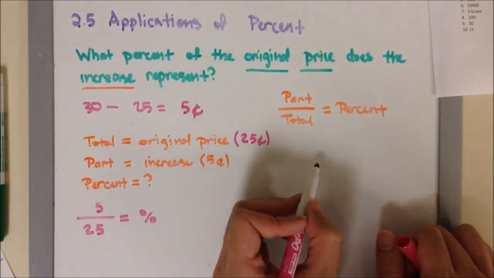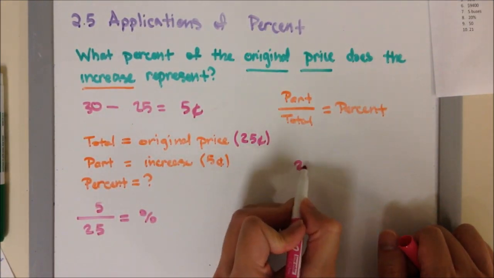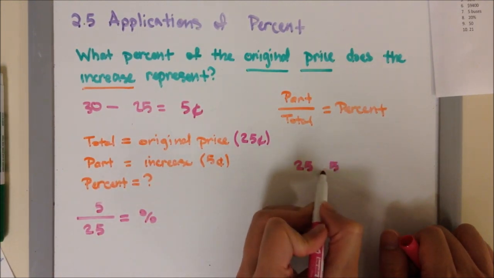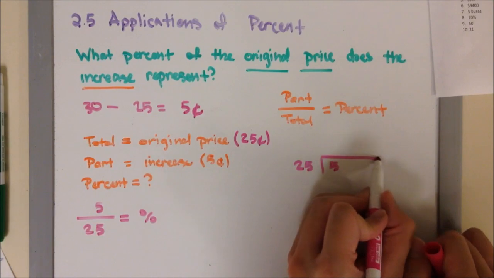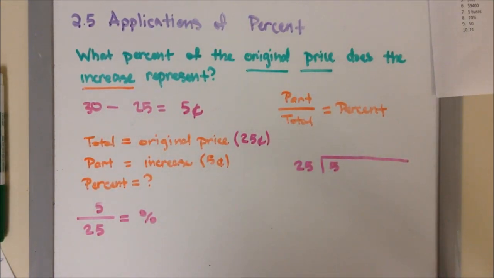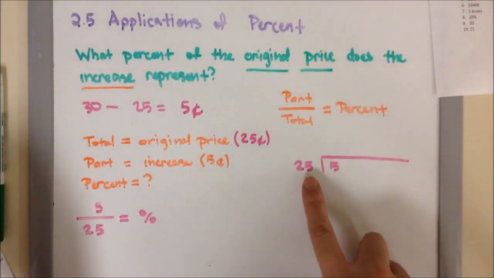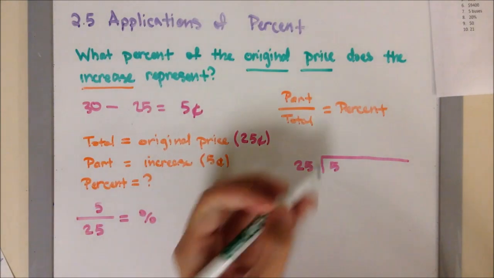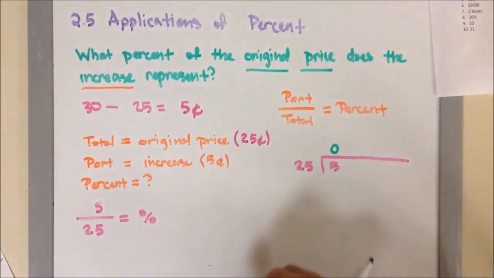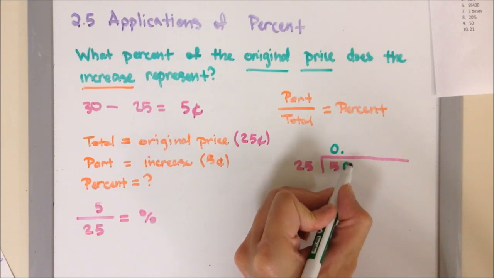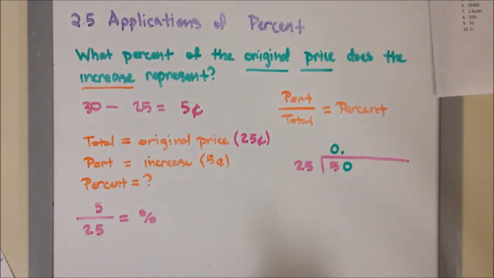So we're going to set up our long division: 25 on the outside, 5 on the inside. Now from there, 25 cannot go into 5. So what I'm going to do is put a 0 on the 5, put a decimal because I'm going to add a 0 to the 5, making it 50.